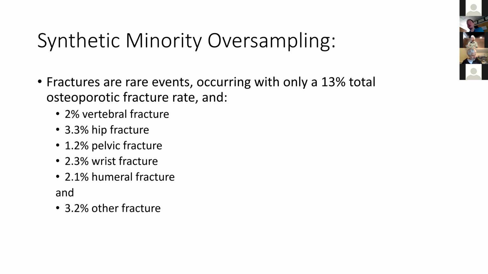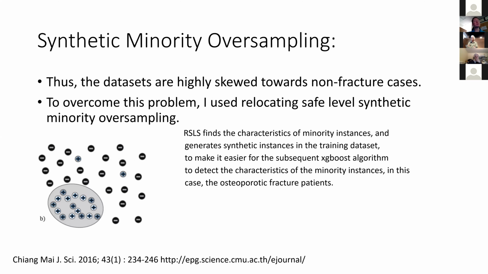So the problem is, how do you take a rare event in the 2% range and then make the algorithm able to detect the underlying risk factors in that minority group? And so I did this through synthetic minority oversampling. So essentially, I use the RSLS, relocating safe level synthetic minority oversampling technique.